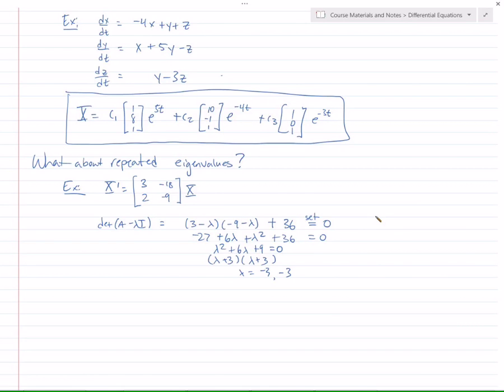Now there are two possible scenarios for your eigenvectors. The eigenvalue negative 3 could have an eigenspace of dimension 1. It could have only one corresponding eigenvector, or it could have two. If it has two, life is just as easy as before.